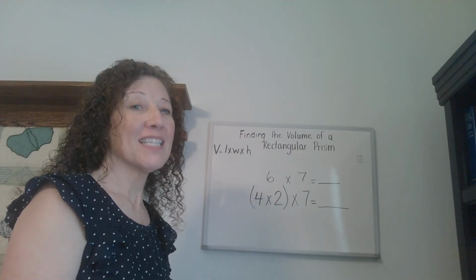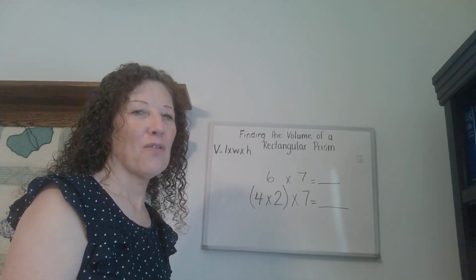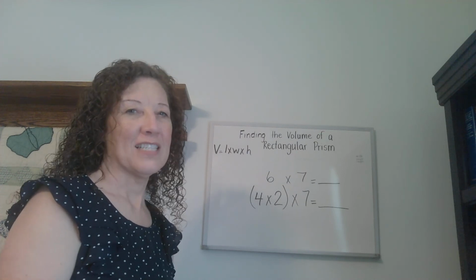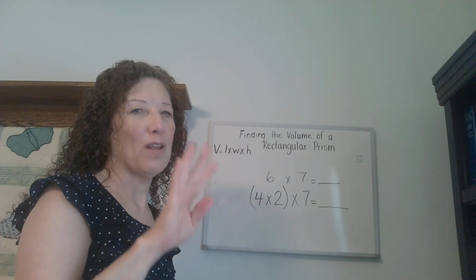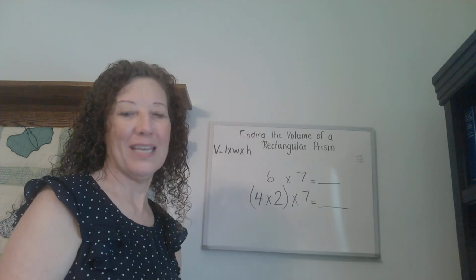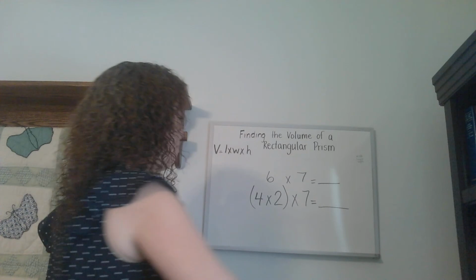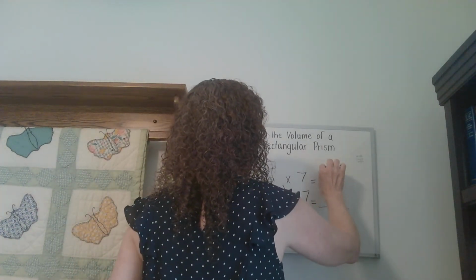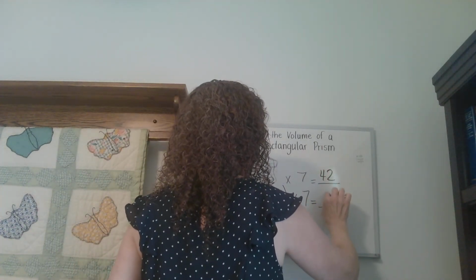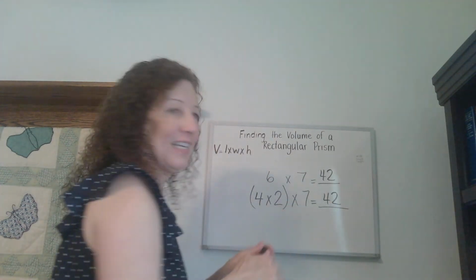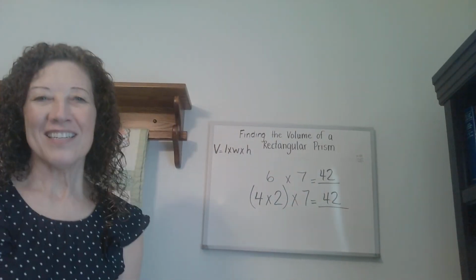We know 6 times 6 is 36. So add another one to that, 36, 37, 38, 39, 40, 41, 42. We know that it has to be 42. Did you put that? Good job. So, all right, if you put it and figured it out, good job. That's what your answer is going to be. We're going to stop with that one.